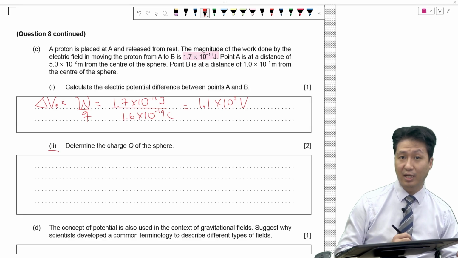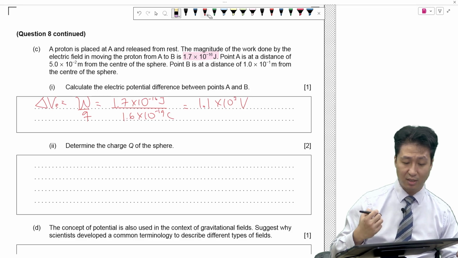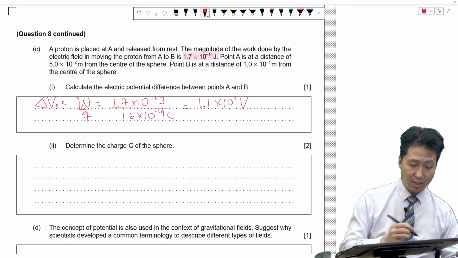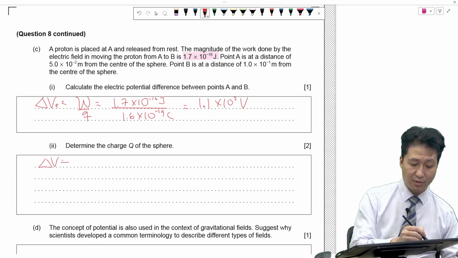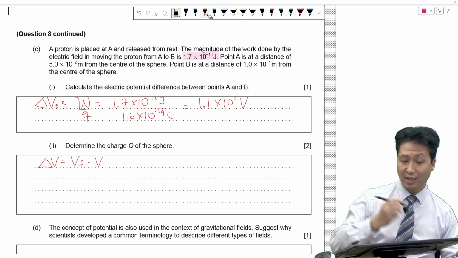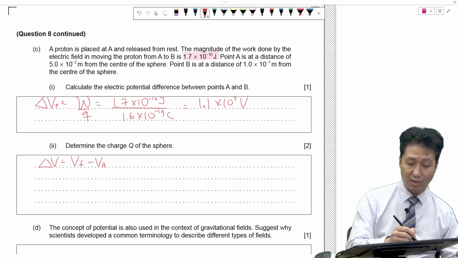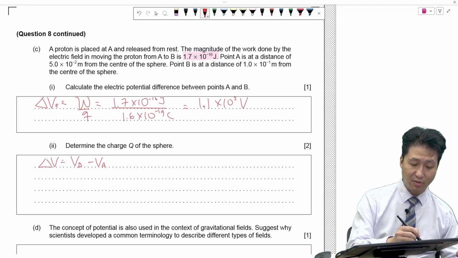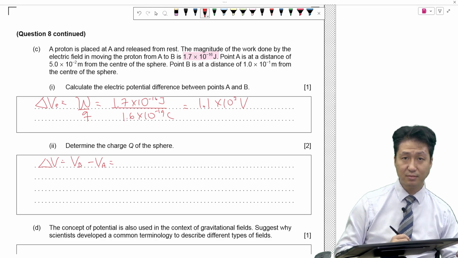In part 2, it asks you to determine the charge of the sphere. In order to determine the charge of the sphere, we have the change in potential. So let's write that down. This will be the final potential minus the initial potential. So it starts at A, so the initial would be the potential at A, and it ends at B, so it will be here.